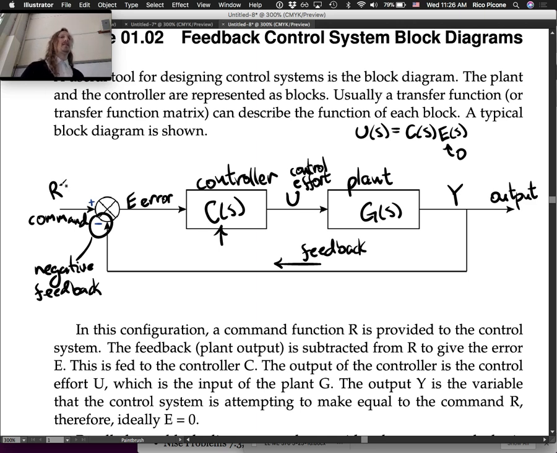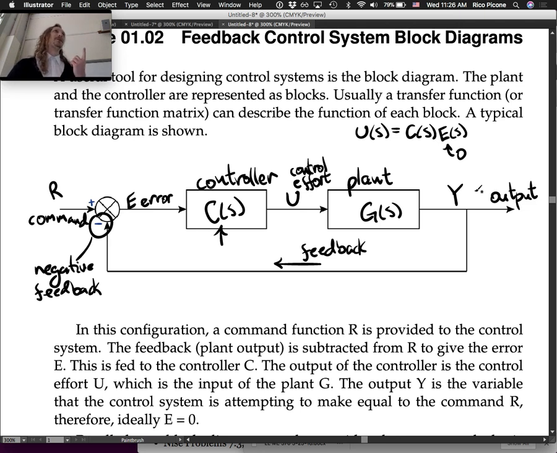So say our command is 90 and our output is 90. Then we suddenly change our command to 0 or to 14 degrees or something. Immediately we'll have error, right? There will be error, and our controller is going to start operating on this plant. It's going to start trying to make something happen, and then hopefully our output will go to 14 degrees, the new command. But first of all, hopefully it does so stably.